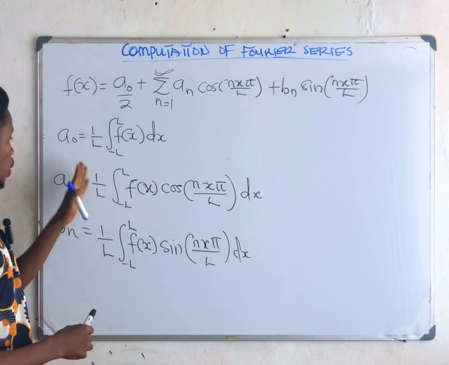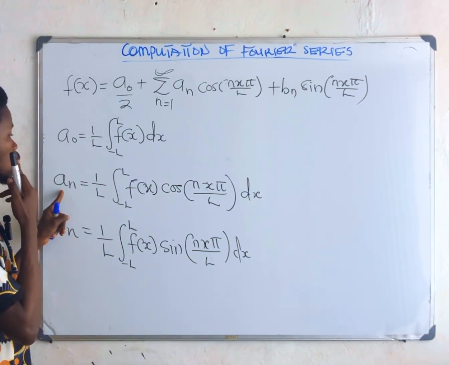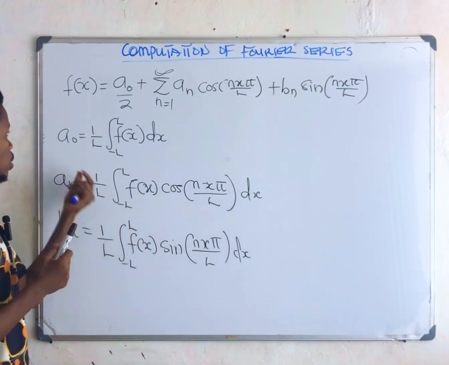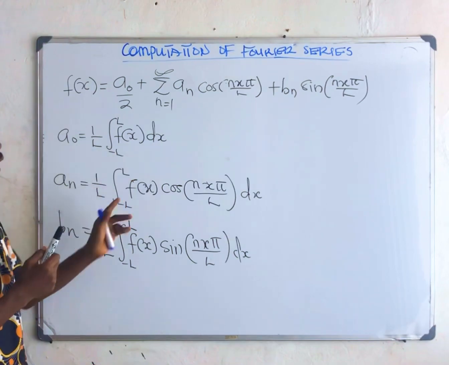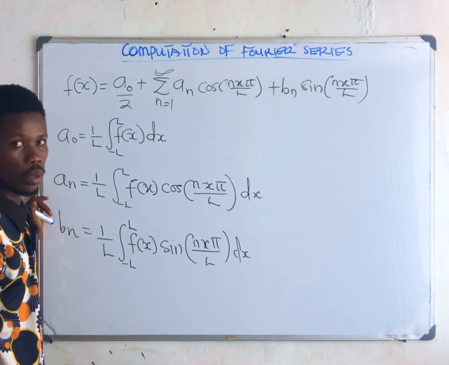So this is the formula we are going to use. When you want to find an, you only use this. Bn, you use this. A naught, you use it. After that, you substitute and you are good to go. Is that okay? Very good.